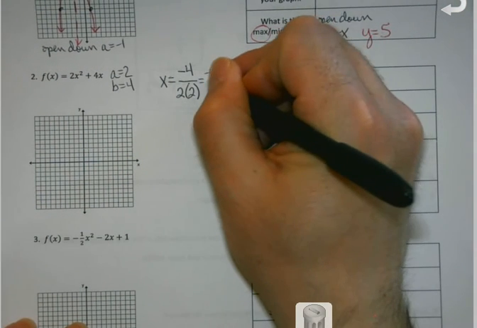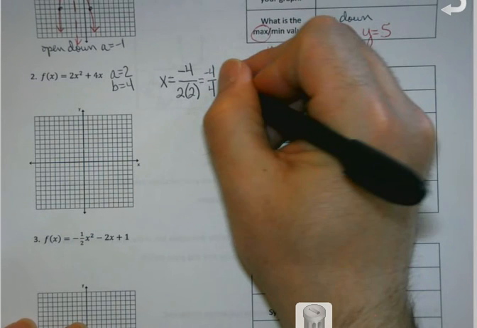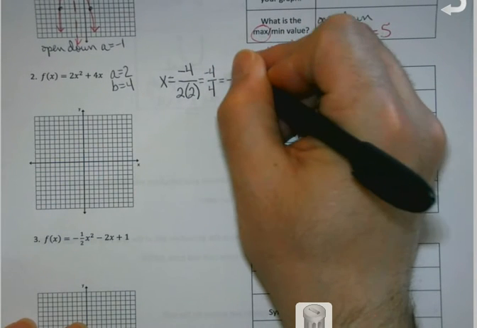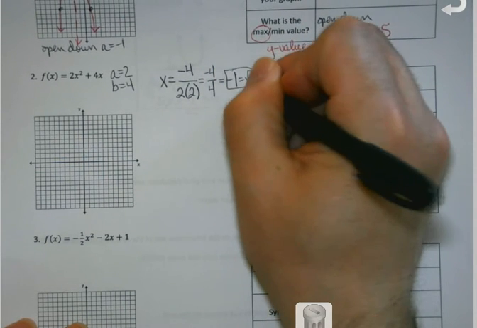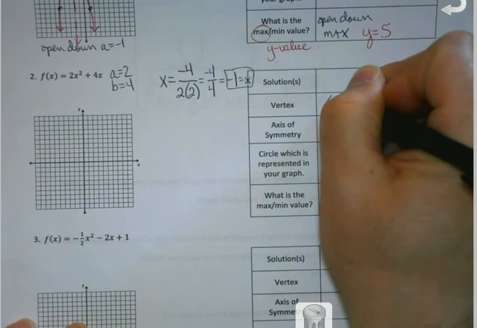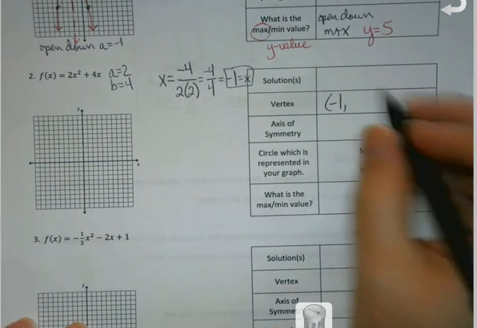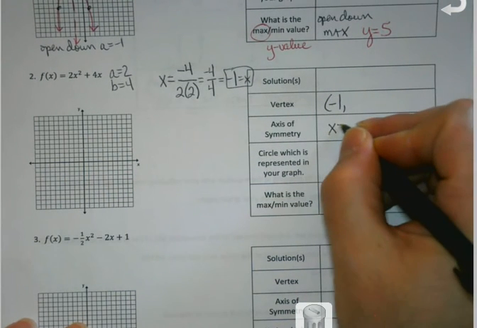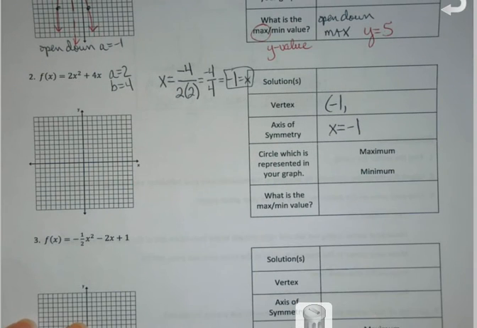All right. So there's my x of my vertex, which also, while I'm at it, will be my axis of symmetry.